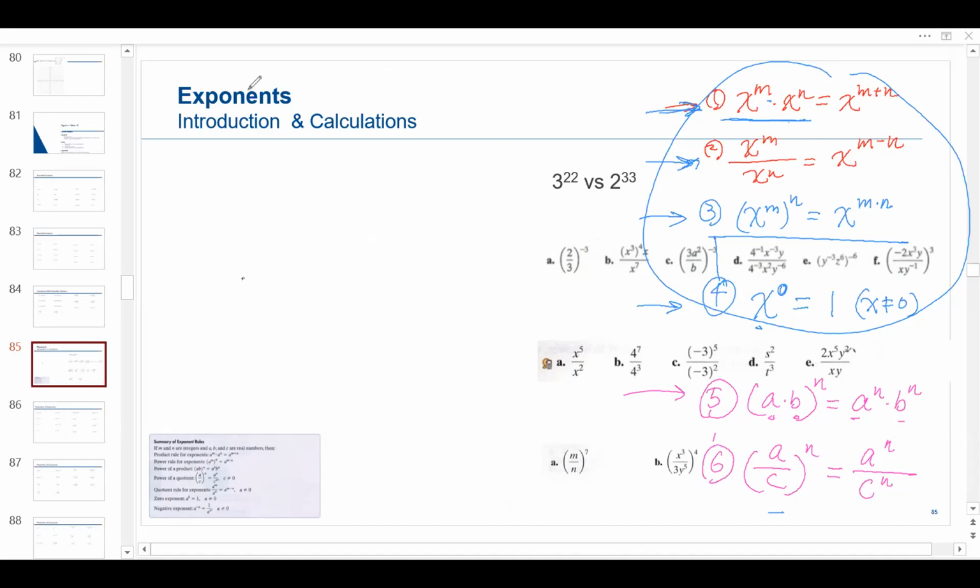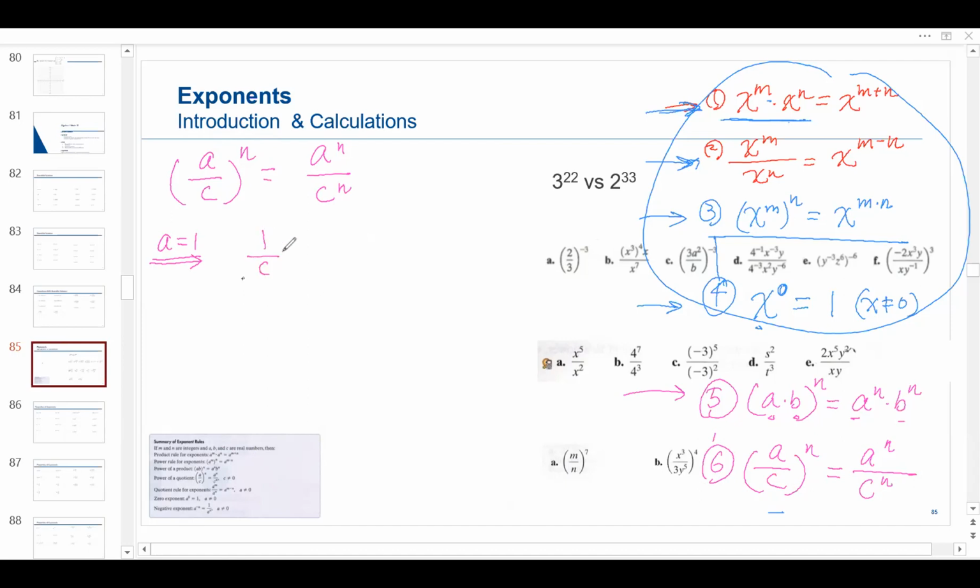Rule 6: (A divided by C) to the power n equals A power n over C power n. Okay, so what about when A equals 1? I give a specific example, say A equals 1.